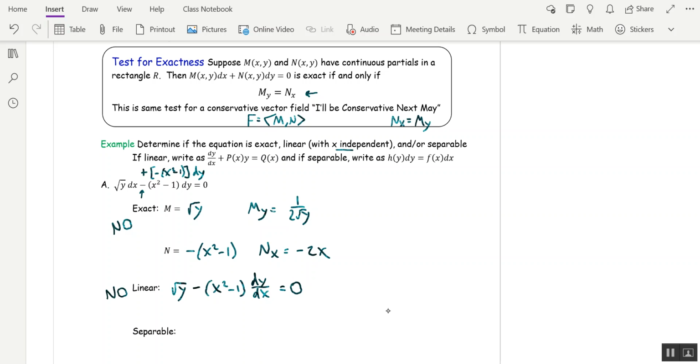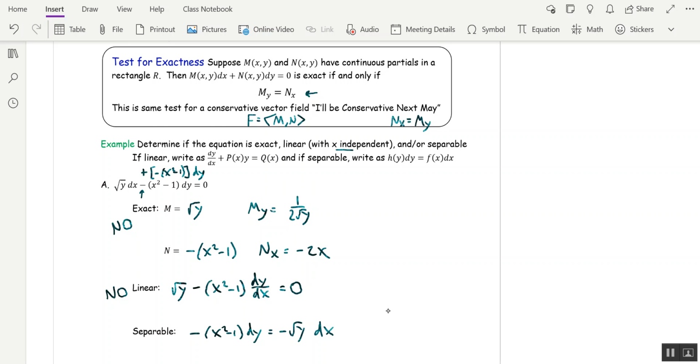Separable, when I'm trying to determine if a differential equation is separable, I like to move the differentials to different sides. So I'm going to leave the dy on the left, x squared minus 1 dy. Then I'm going to move the dx term, negative root y dx, over there.